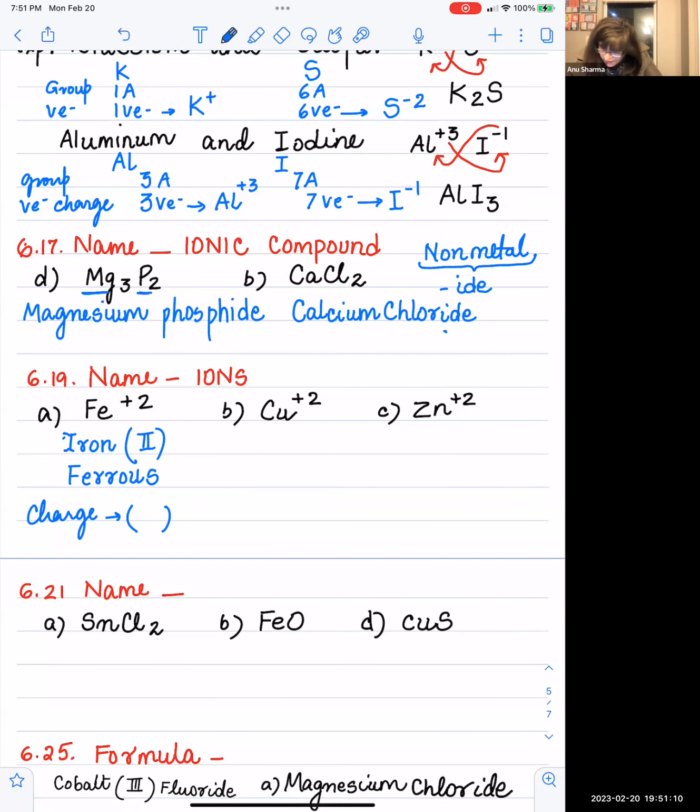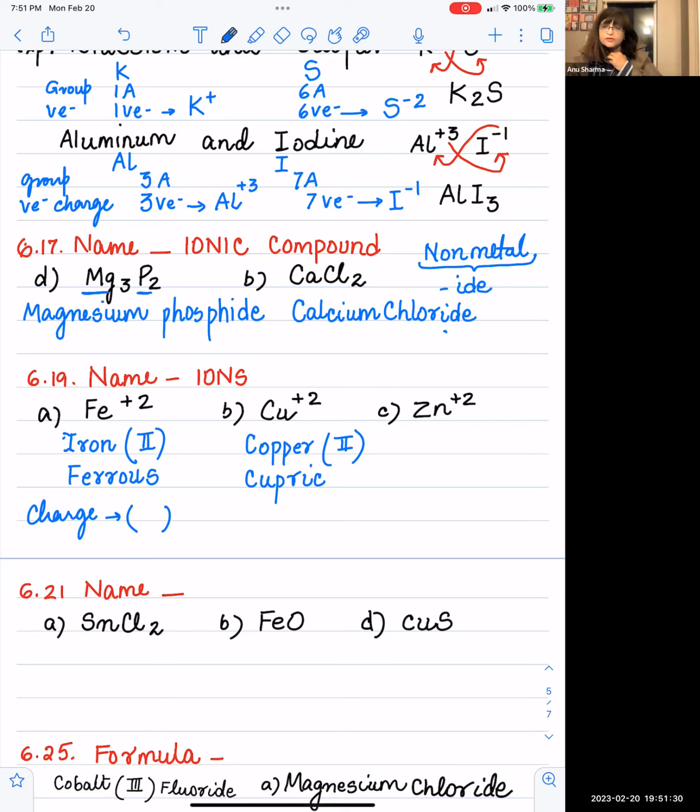Then copper +2: you can write this down as copper, C-O-P-P-E-R, and 2. And here this becomes cupric, C-U-P-R-I-C, cupric.